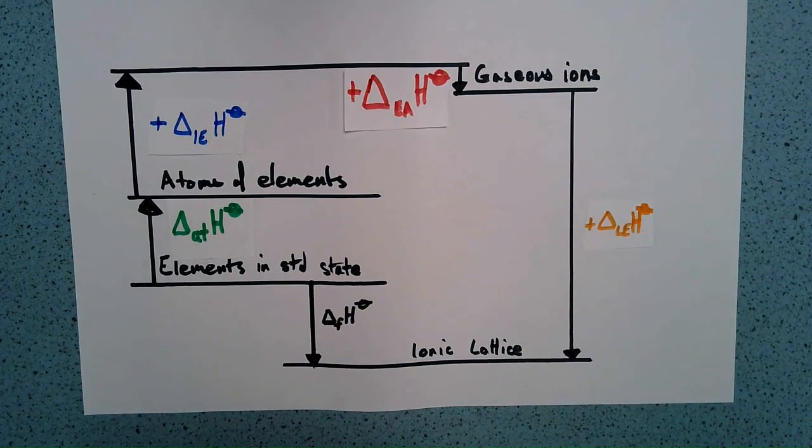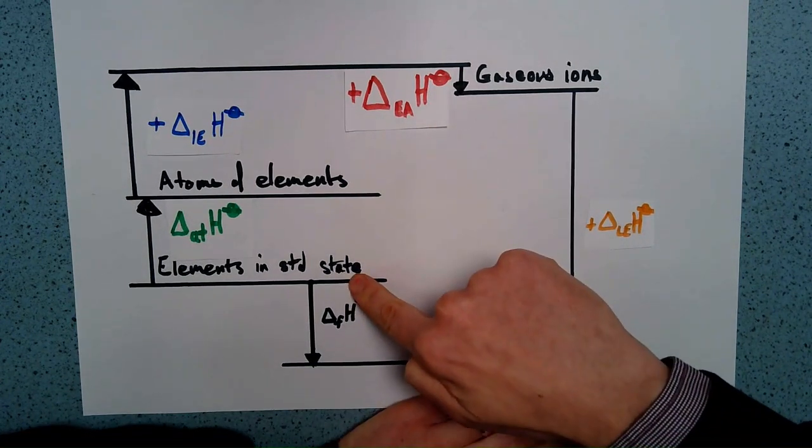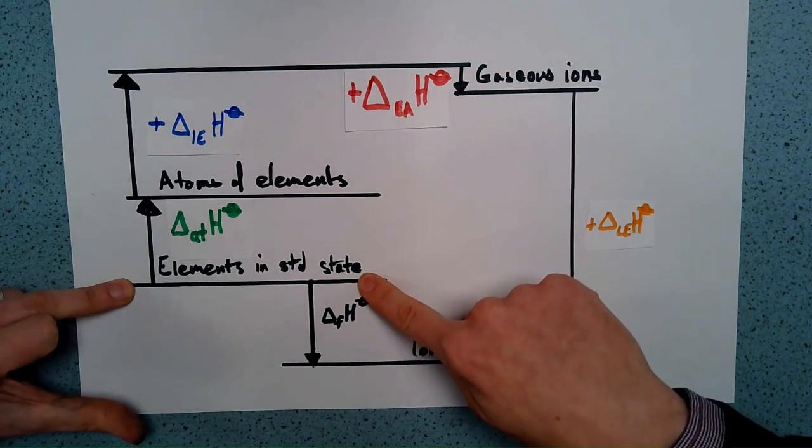So to put that into an equation, we can see that if we start here, at the elements in the standard state, we have two routes.